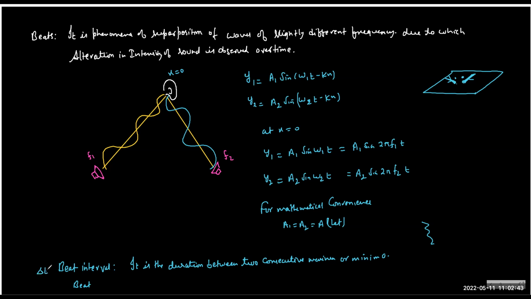Let's call it delta t. So beat frequency is defined as the inverse of the beat interval. That's the logic.